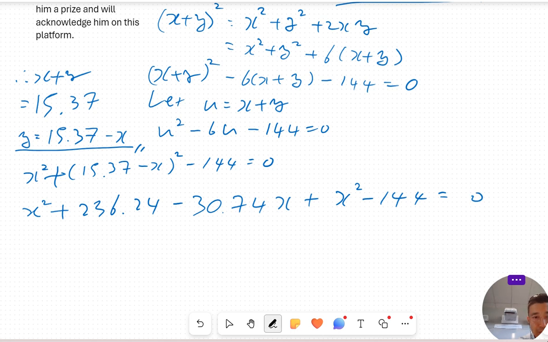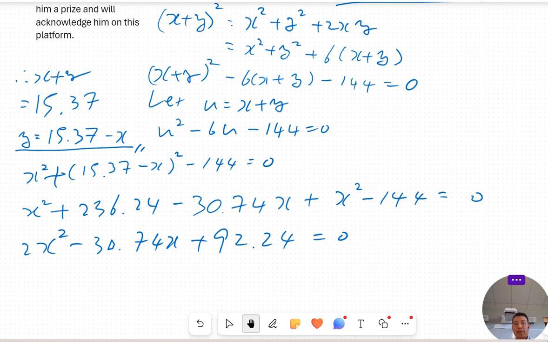So if I simplify, 2x squared minus 30.74x plus 236.24 minus 144, so that's 92.24, equals 0, right? The perfect time to use a calculator.